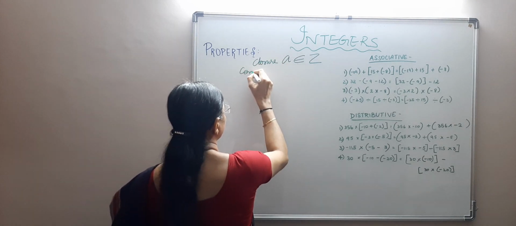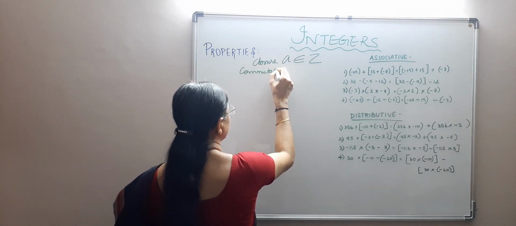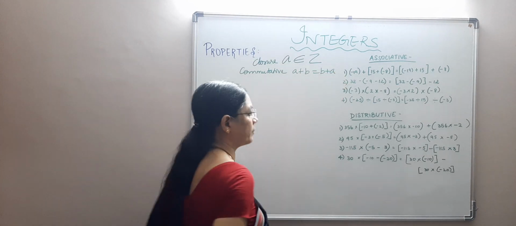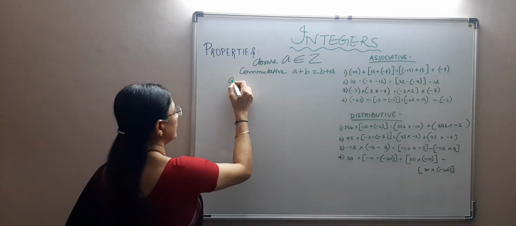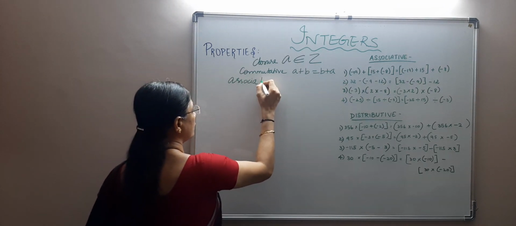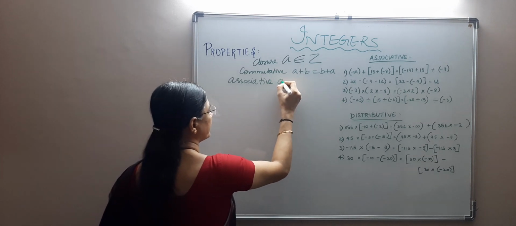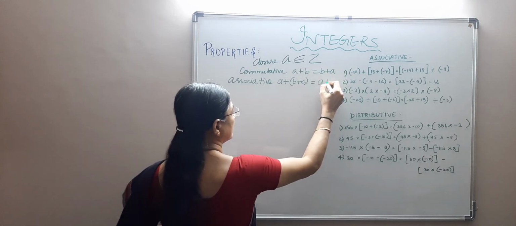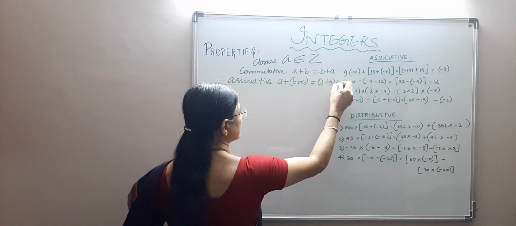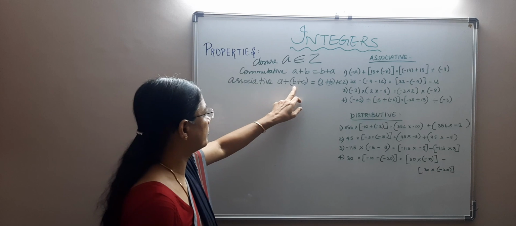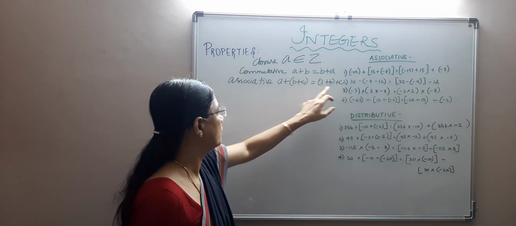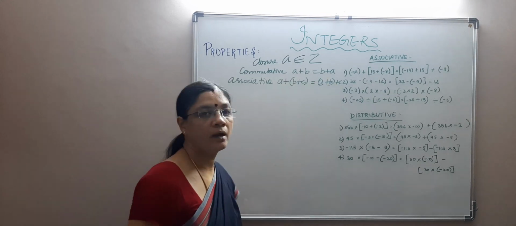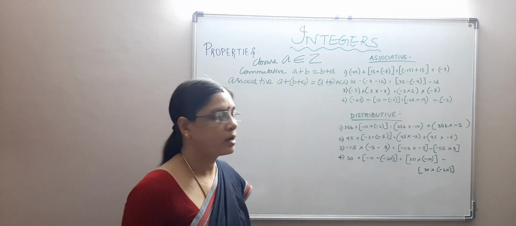And for commutative, A plus B should be equal to B plus A. So this is your general formula. Now for associative property, we know one of the members should be associated with the other numbers, isn't it? See, A plus (B plus C) is equal to (A plus B) plus C, which means B is associated with C first, and then it is associated with A, and we see whether the answers are equal or not.